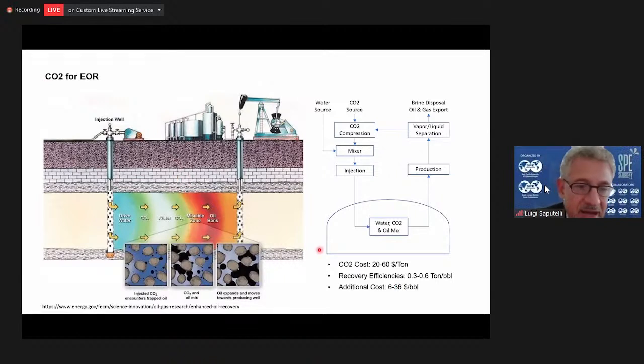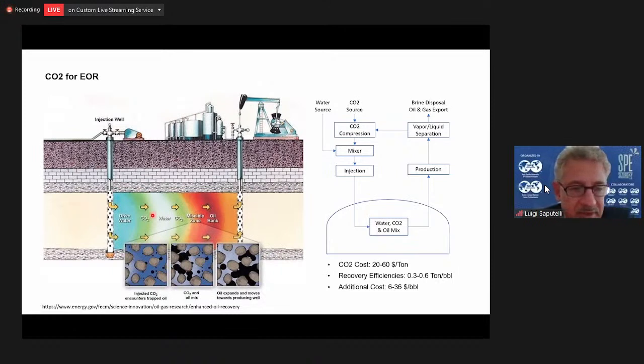But compare this to CO2 storage in saline aquifers, which I will not talk about today, because at the moment I'm mostly interested in CO2 sequestration for EOR. If you inject CO2 in a saline environment, you will probably get it safe there for 1 million years, but for sure you will not get any money back.